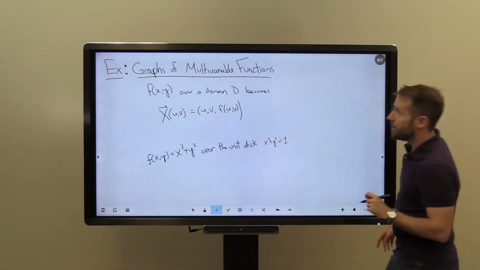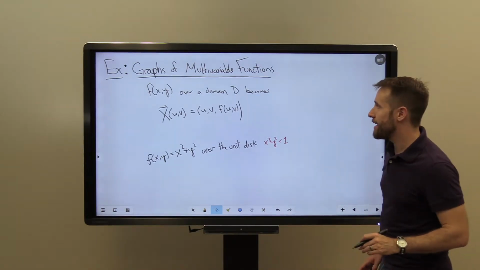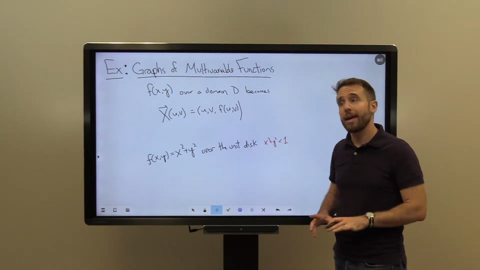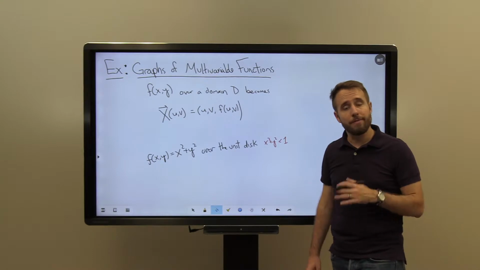The first example that I want to look at, an intuitive example where everything will be okay, is the graphs of multivariate functions.